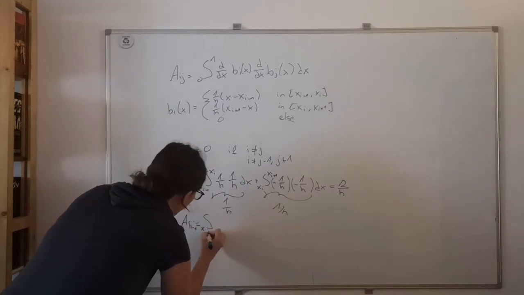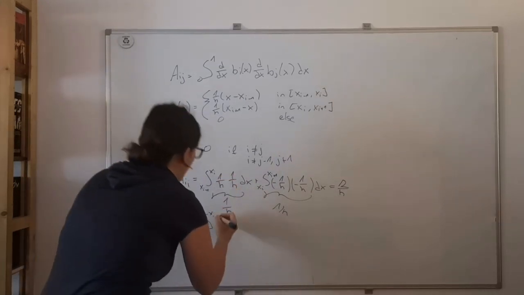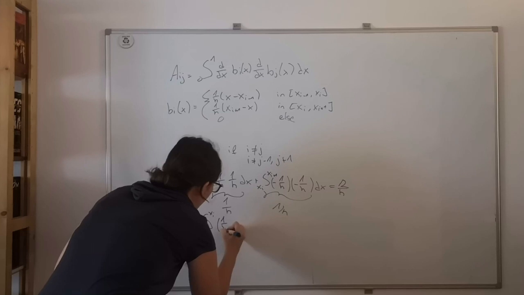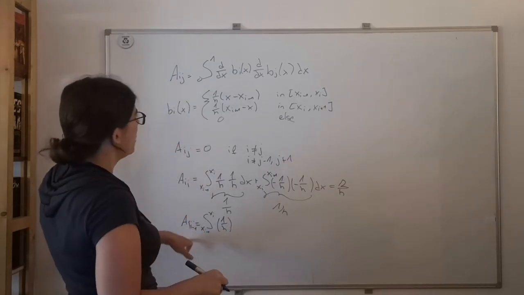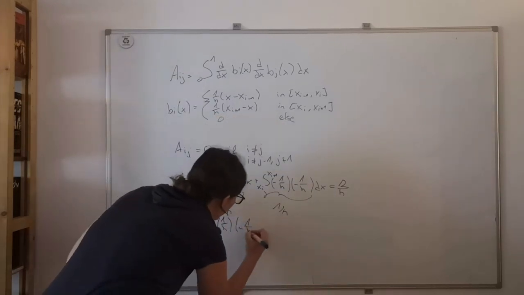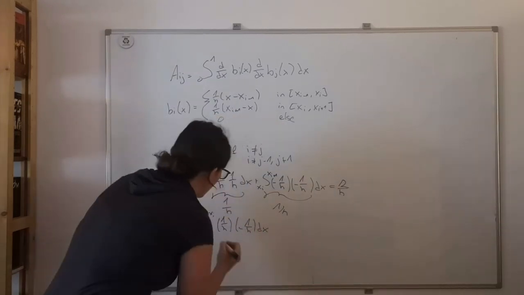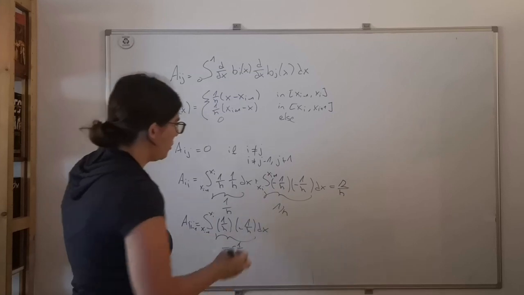So x_(i-1) to x_i. Then we get 1 over h for b_i, and for b_(i-1) in this section we get a minus 1 over h dx, and again this term will just be equal to minus 1 over h, because we get an h from the integral.